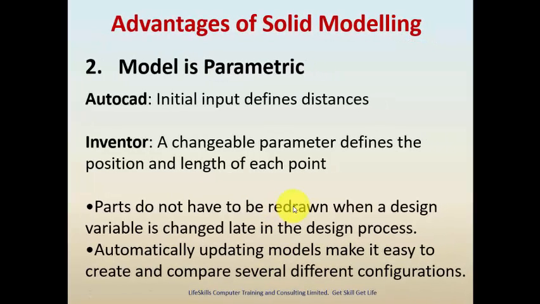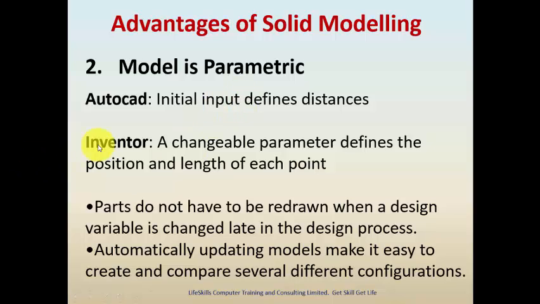Then in Autodesk Inventor solid modeling, the model is parametric. Now in AutoCAD, you define distances by setting initial input. And to change the distance, you may have to delete and type the distance again.